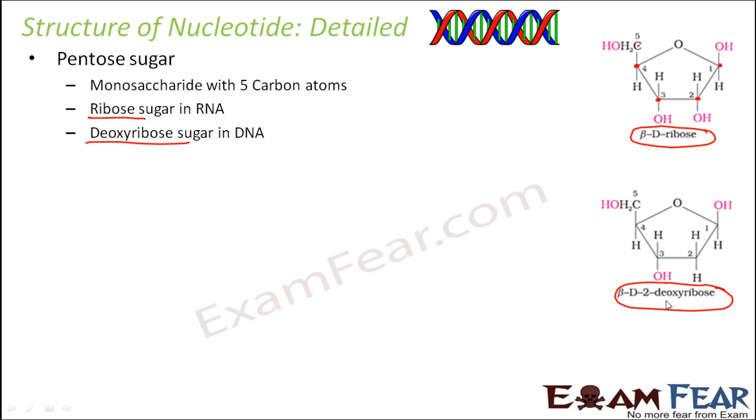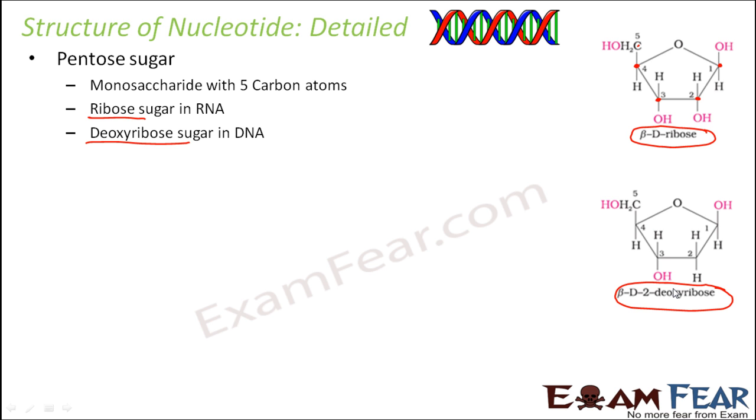Now you might wonder what is the difference between ribose and deoxyribose. If you compare their structure, the only difference is in the OH group. In deoxyribose sugar, one of the OH groups has been replaced with a hydrogen, and that is why it is called deoxyribose, because the hydroxy group is removed.